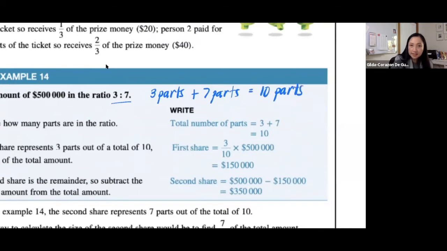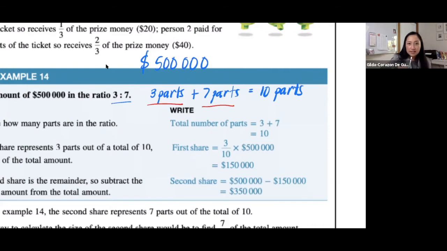So what you're saying is that your $500,000, you want that divided into 10 parts so that you can give one person 3 parts, and the other person 7 parts. 500,000 divided by 10 parts, what do you have? 50K, so 50,000.